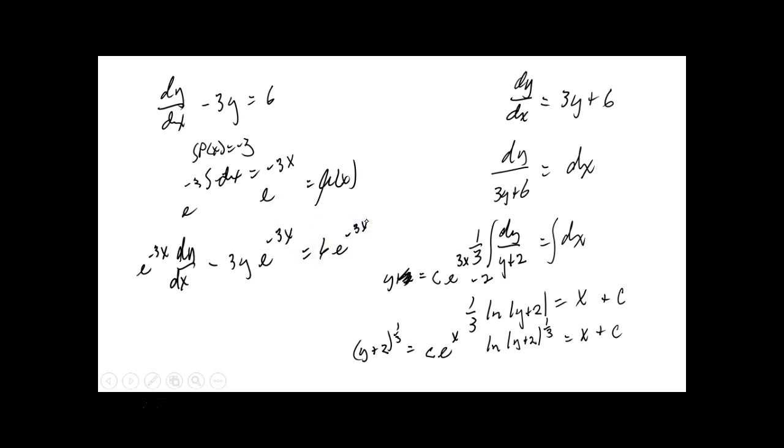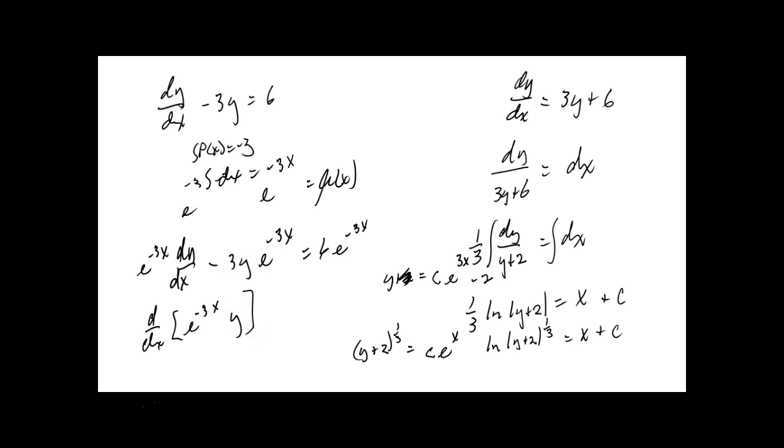Okay? Multiply it by both sides. Then confirm that this is a perfect derivative of your integrating factor, e to the minus 3x, times y. It better be. If you did everything right, it should be.